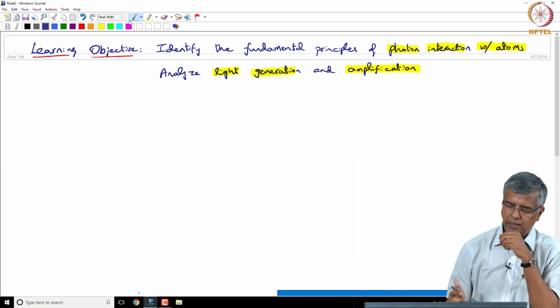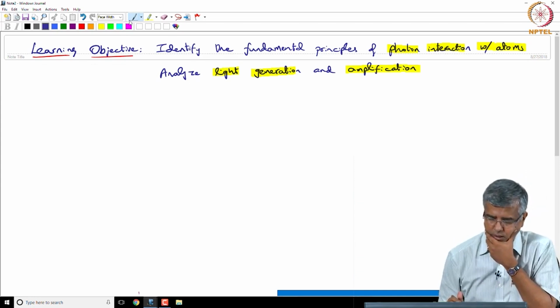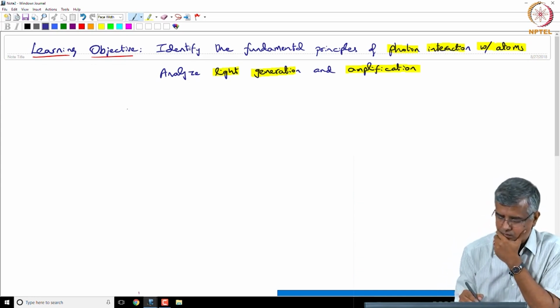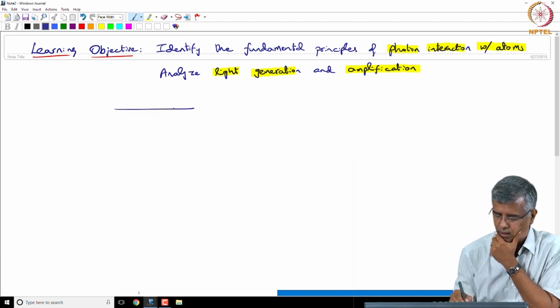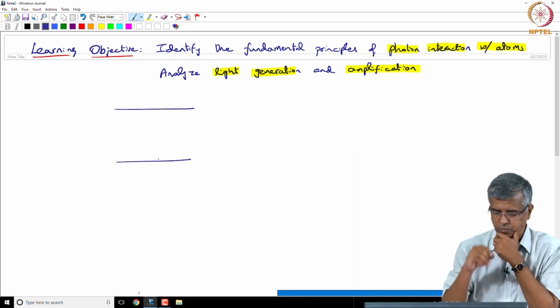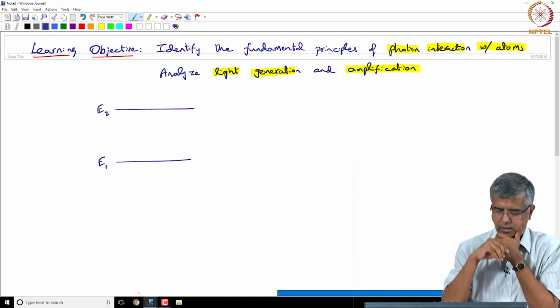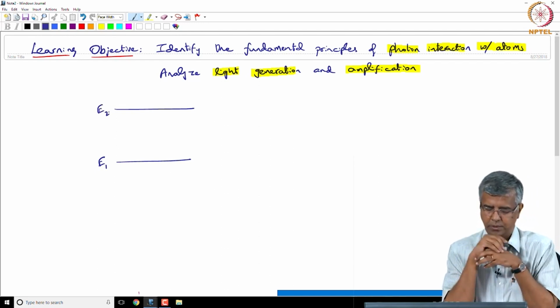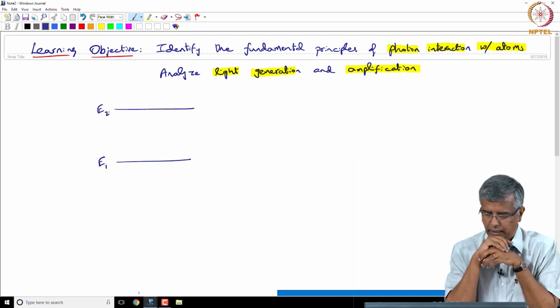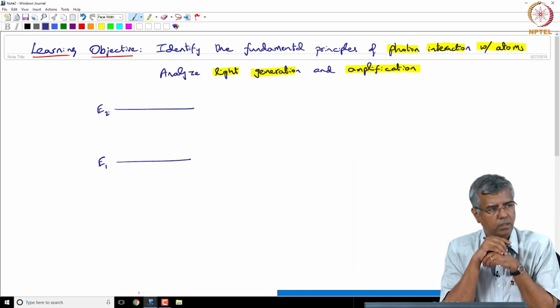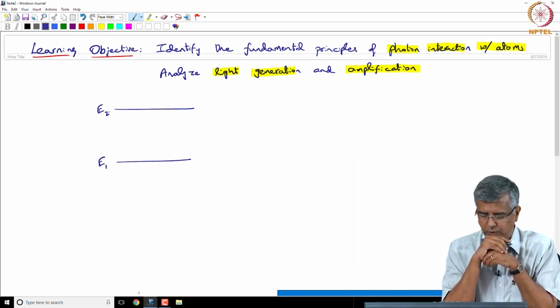To understand this, let's consider an atom once again, just like we did in one of the previous lectures. We have an atom with energy levels, say E1 and E2, with E2 greater than E1, and let us see what is possible between E1 and E2.